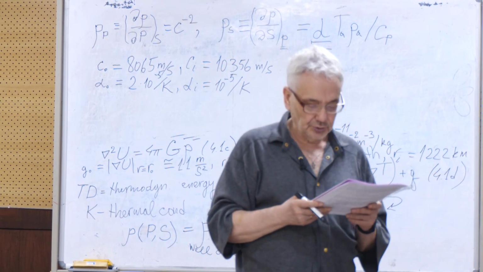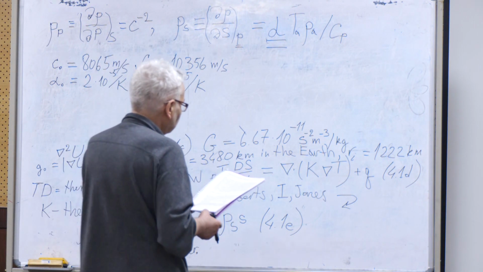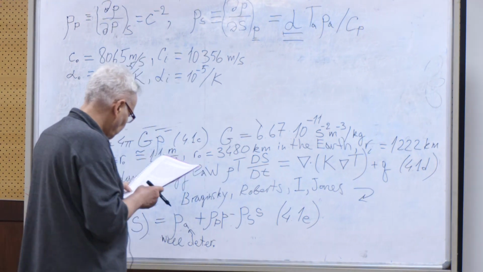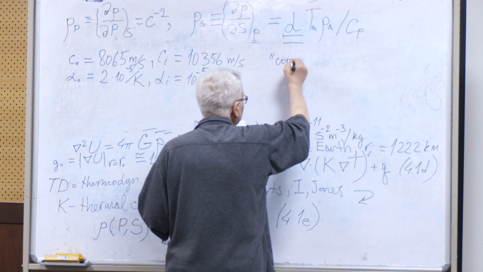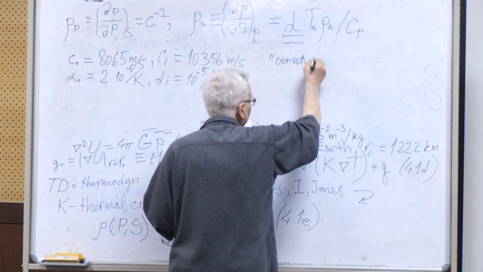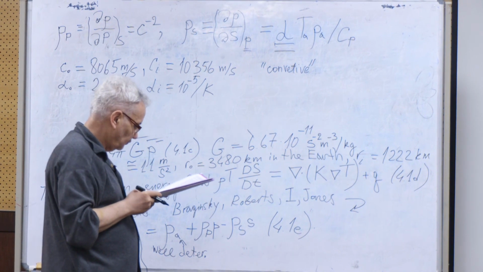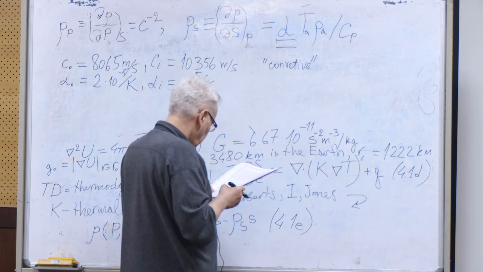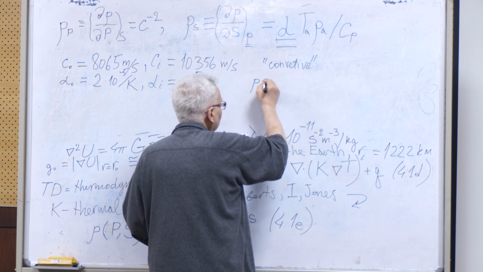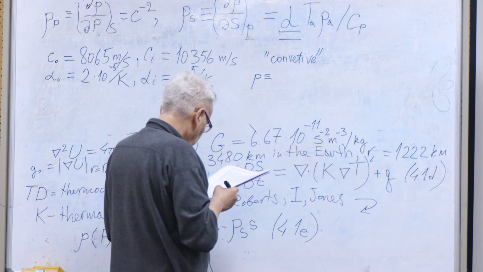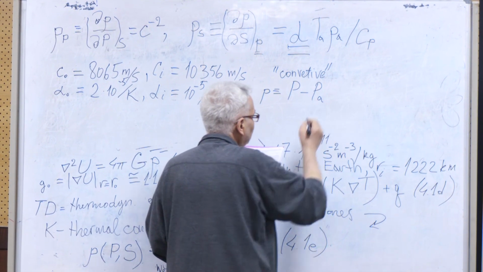So the convective variables used below are included in the equation of state. This is just the deviation from the adiabatic variable, so it will be written like that. By definition, we define the small deviation of the pressure, p, which is equal to the real pressure minus the adiabatic pressure.